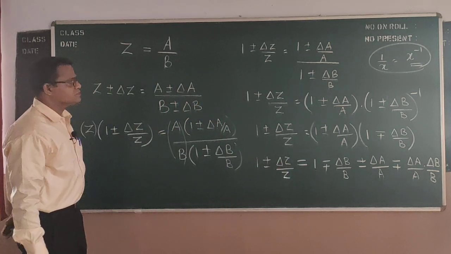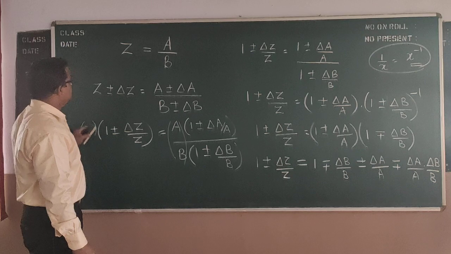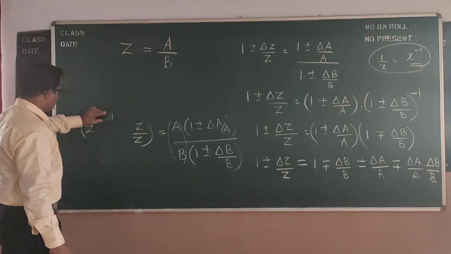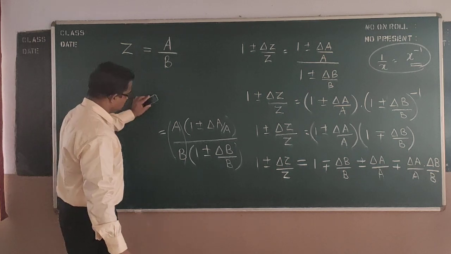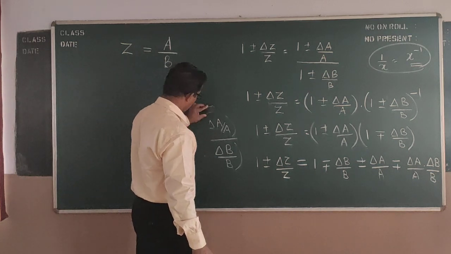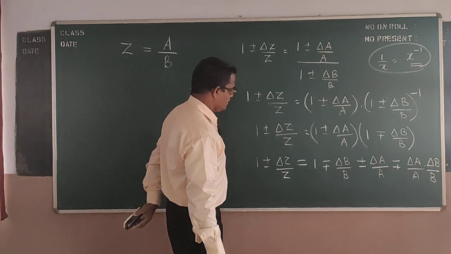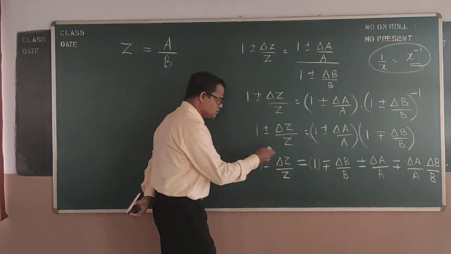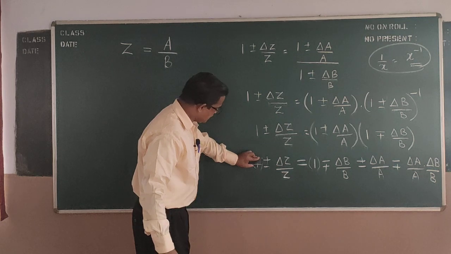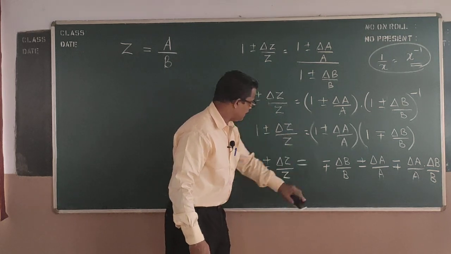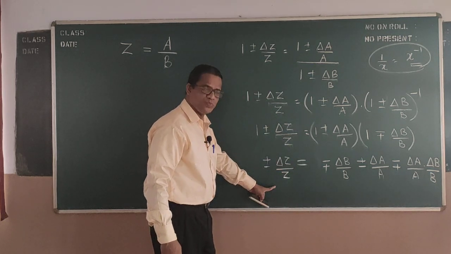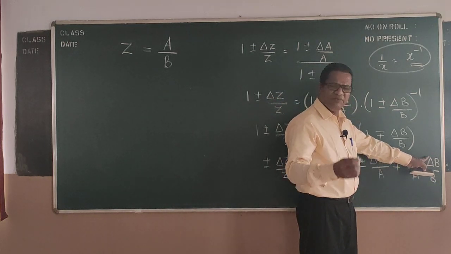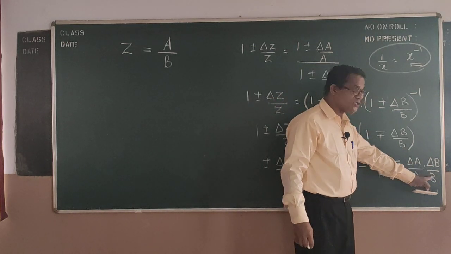Okay. Now here one is there and this one going. So this one and this one is going, and you are left with this part. And here delta A into delta B, very small, divided by the large values.